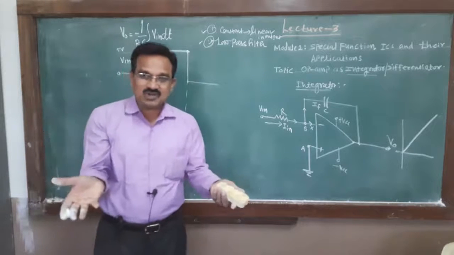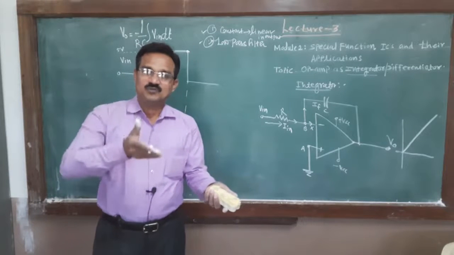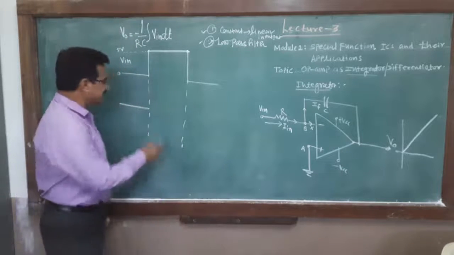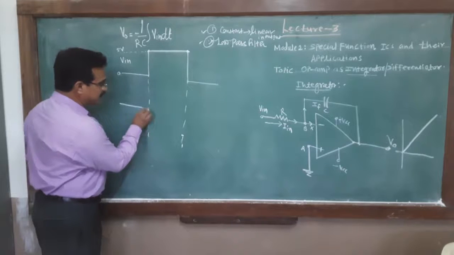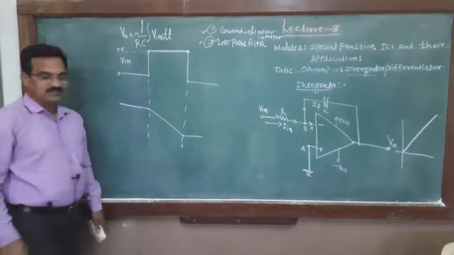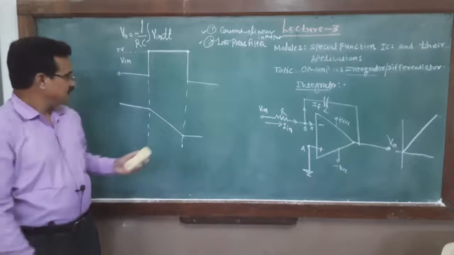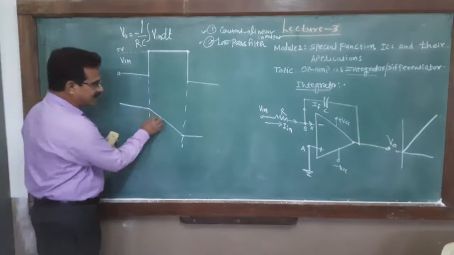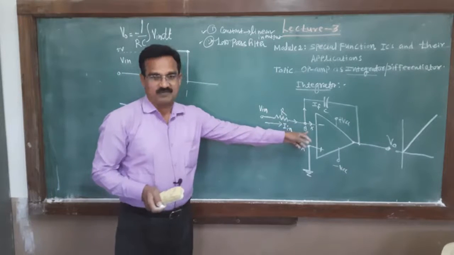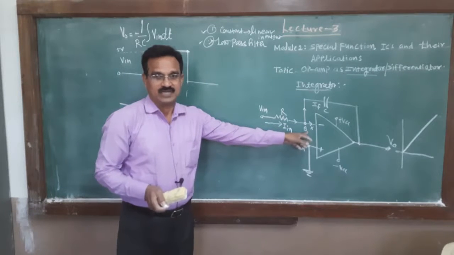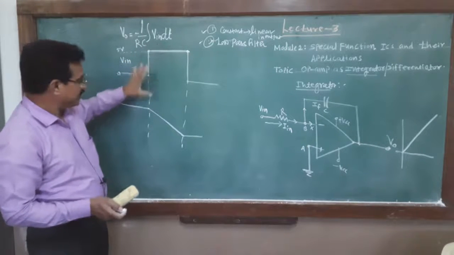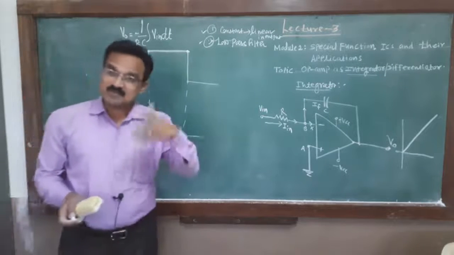And when the input is constant, output changes linearly. The output linearly decreases in this manner, because of the inverting amplifier. Means for rectangular input, the output is the ramp signal.